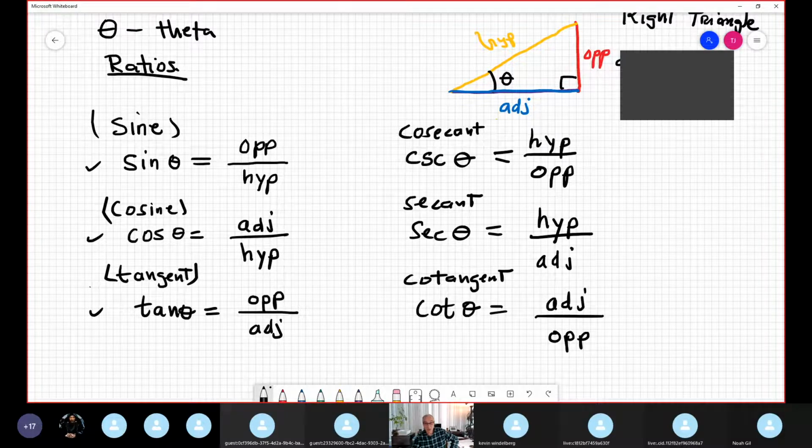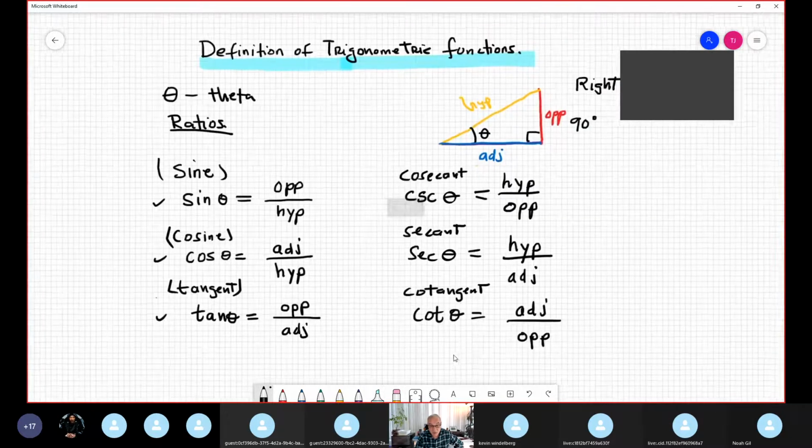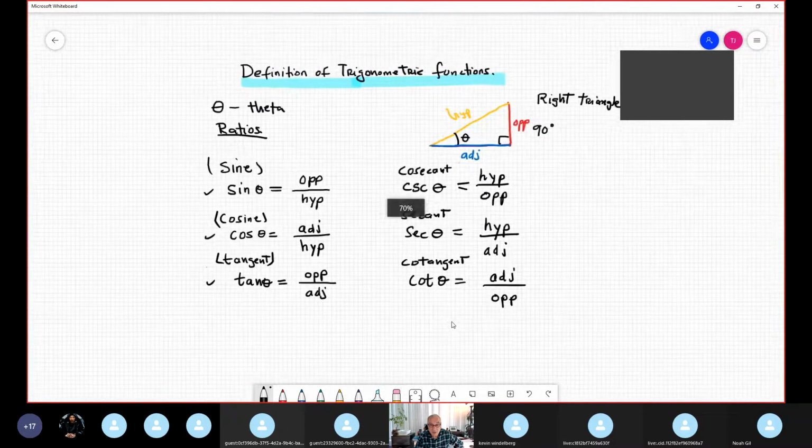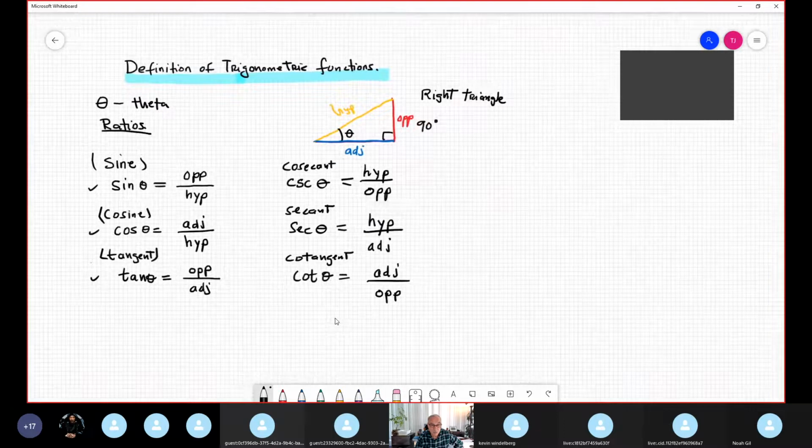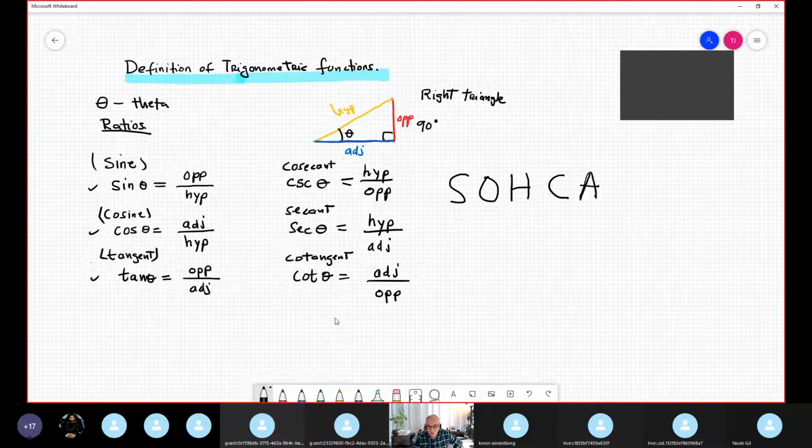So you see, professor, how do I memorize this information? Well, using your common sense and imagination, there are several mnemonic devices to remember. One famous mnemonic device is sine, opposite, hypotenuse. Cosine is adjacent, hypotenuse, and tangent is opposite, adjacent.